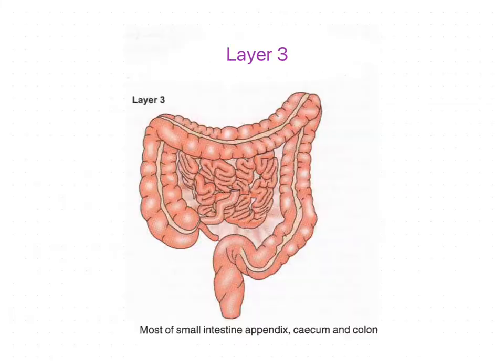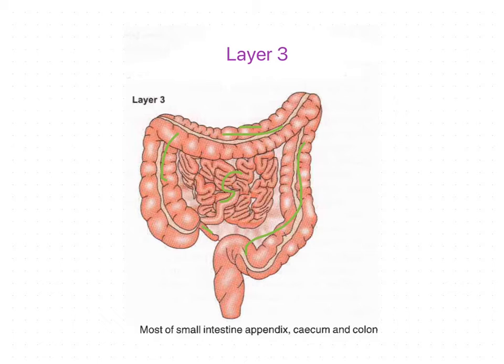In the third layer, most of the small intestine, so this is the small intestine here, and appendix, cecum and the colon. All this forms the third layer. So the third layer mainly consists of small intestine, appendix, cecum and colon.